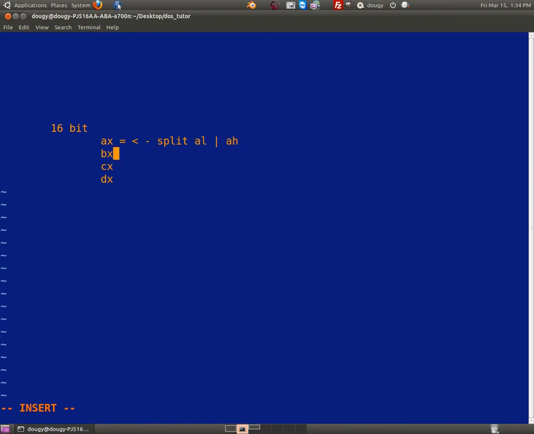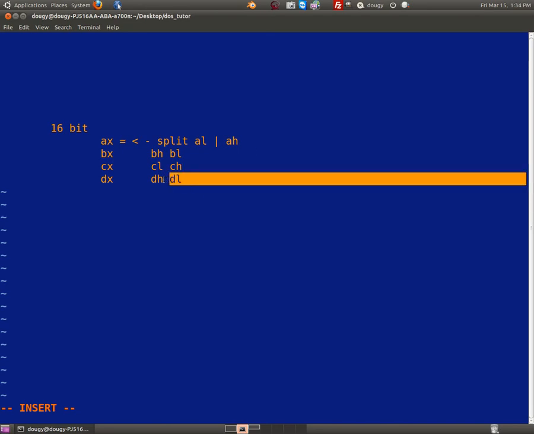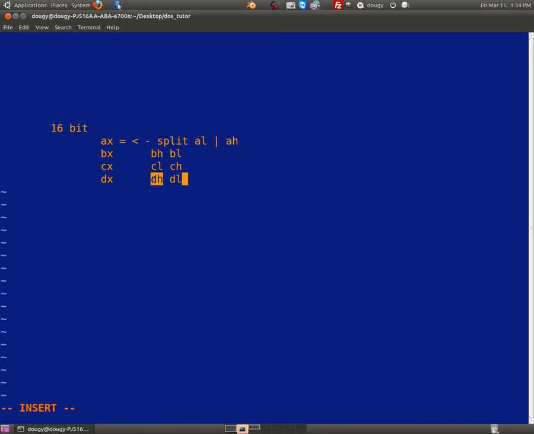Same thing with down here. You have a BH for B high, B low. Okay? You have a C low and a C high. Right? They're in no particular order. You have a DH and a D low. Okay? Remember, this here would be the low byte, and this here would be the high byte.